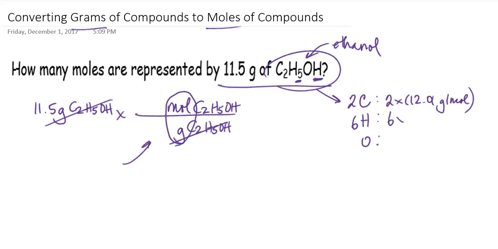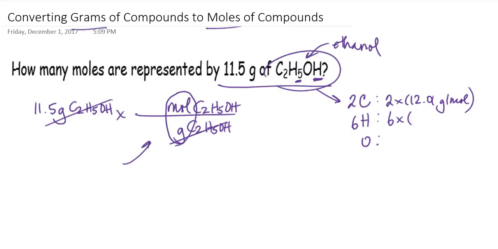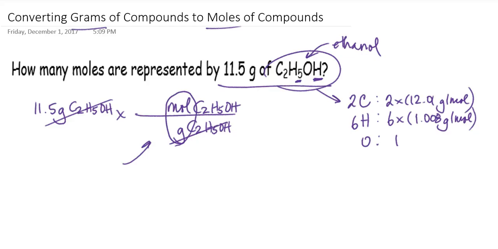I'm going to have to multiply hydrogen's molar mass by 6. Checking the periodic table, hydrogen's molar mass is 1.008 to 4 significant figures. So it'd be 6 times 1.008 grams per mole of hydrogen. And then lastly, oxygen's molar mass, reported to 4 significant figures, is 16.00 grams per mole. But notice I only have 1 oxygen in ethanol, so I don't have to multiply it any further.